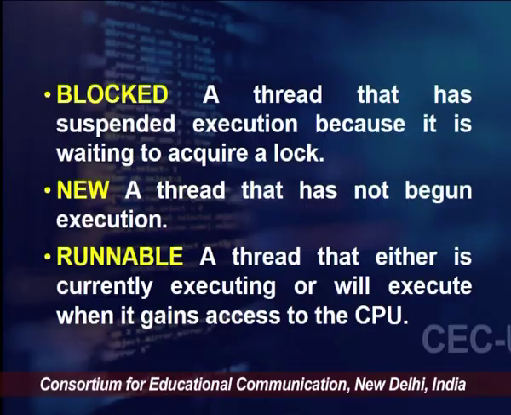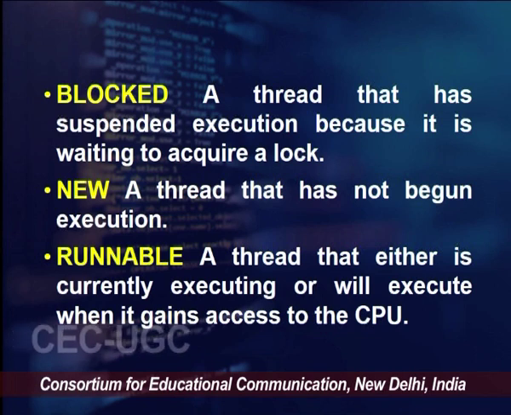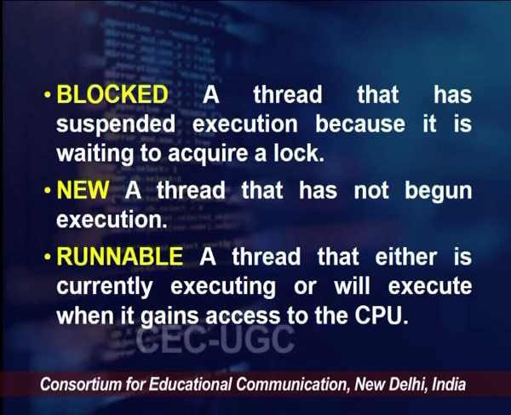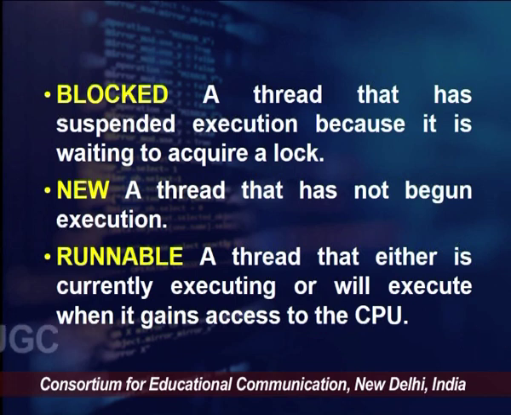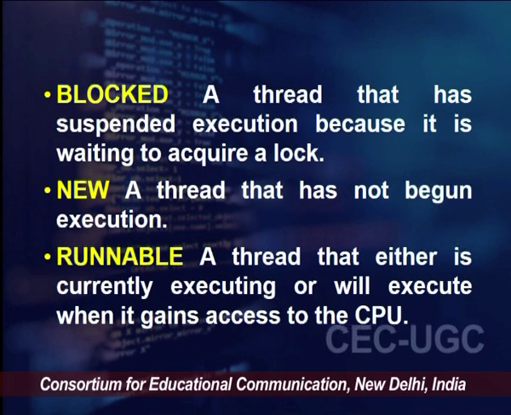So here one state we have is BLOCKED, in which a thread has suspended its execution because it is waiting to acquire a lock. Then there is another state, NEW. This is for a thread which has not begun execution, that means it has just been created; only start has not worked upon it, not the run.